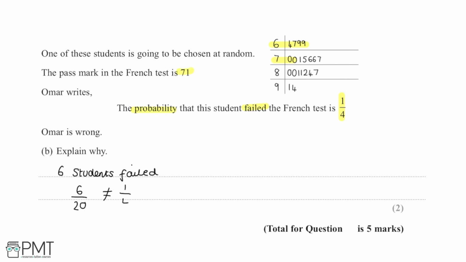So 6/20 is not equal to 1/4. And comparing these two values is what's going to gain me the mark here. So I'd gain the first mark for identifying that 6 of the students have failed, and then I'd gain the second mark for comparing this with 1/4 and showing that they're not equal. So we know that Omar is wrong and the probability is not 1/4.